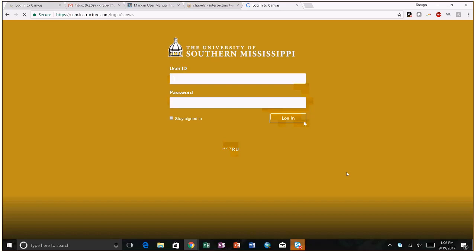Multipath is when the satellite signal doesn't travel directly to us. It bounces off of some other object. So this is what I meant by being indoors. If we're indoors and we're receiving a GPS location, it's because that signal bounced off several other objects before it got to us, because it can't penetrate the building that we're in. And what this means is that the range measurement is off, okay?